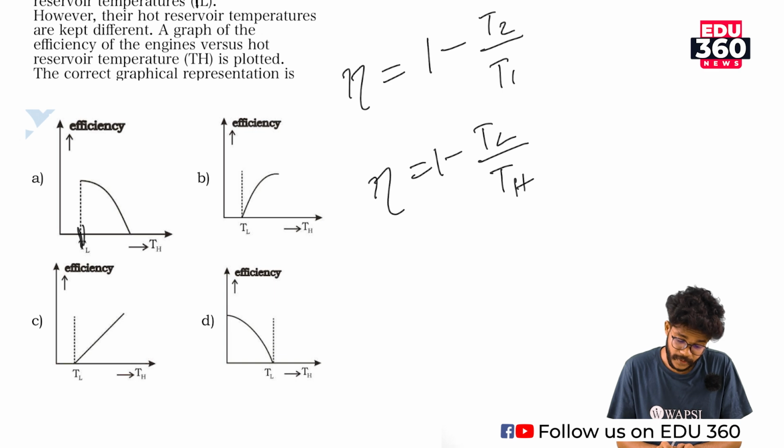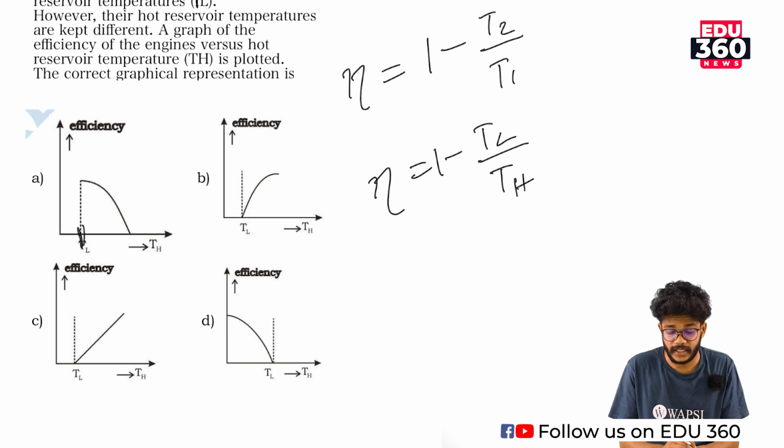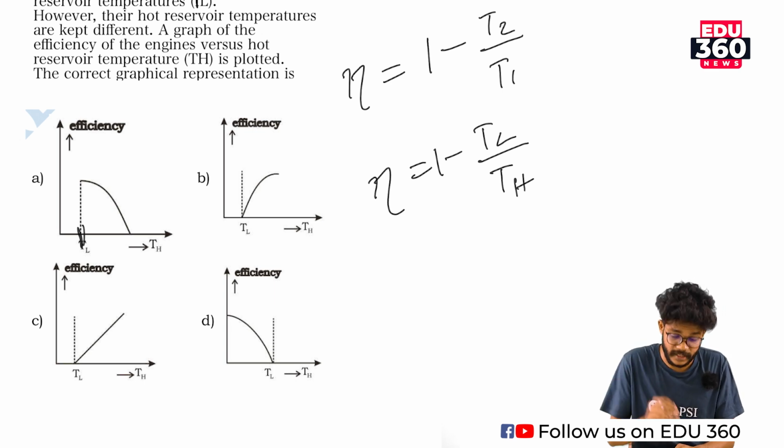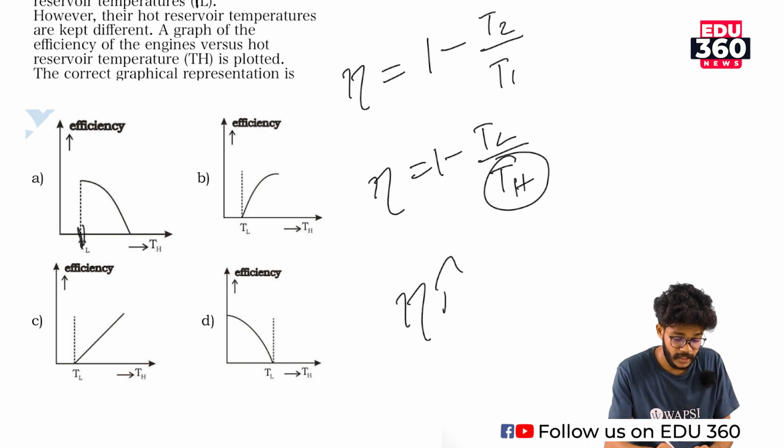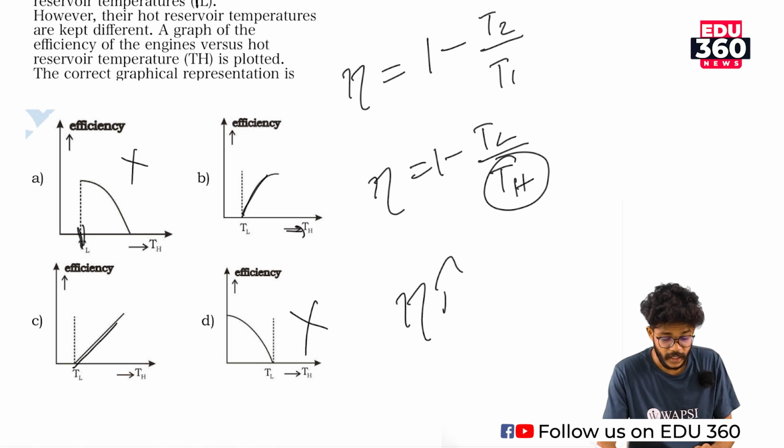So options B, C and D give that. After that, when TH increases, TL by TH is decreasing, so the efficiency should increase.